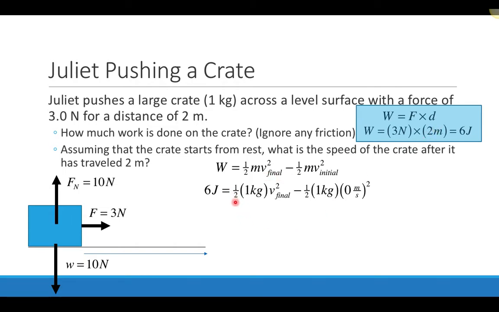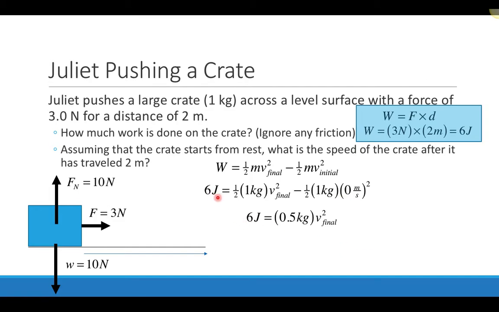So this is 1/2 the mass times the final speed squared. That's my final kinetic energy. And then minus my initial kinetic energy. Well, my initial speed is 0. So if I put 0 in here, 0 times anything is 0. So my initial kinetic energy, if it starts from rest, this term is just 0.